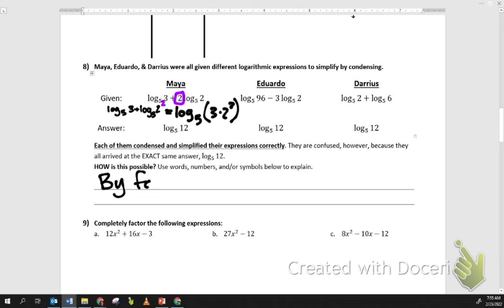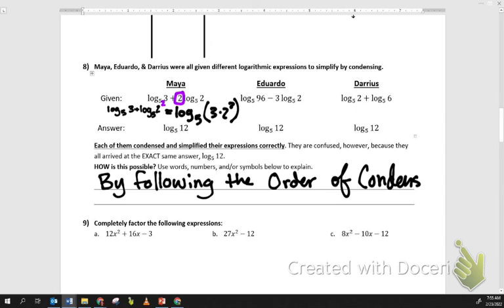So by following the order of condensing, each person had something equivalent to log base 5 of 12.